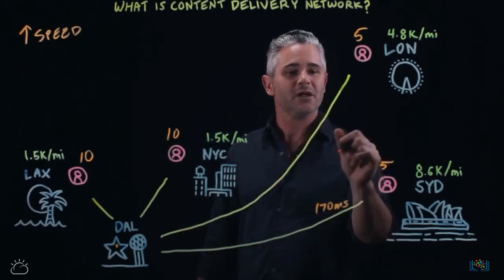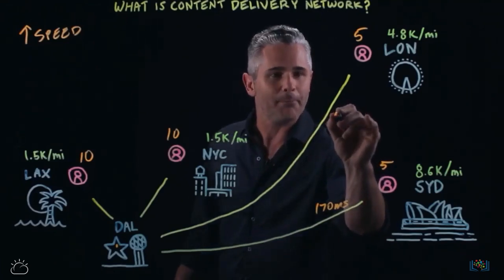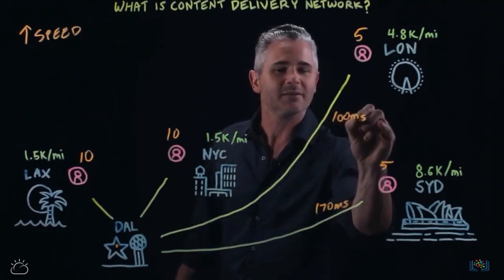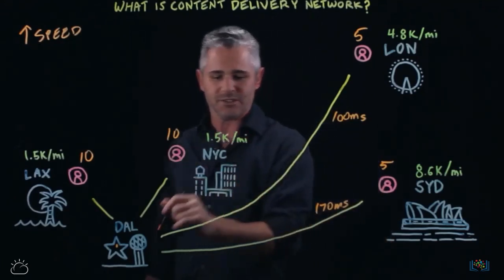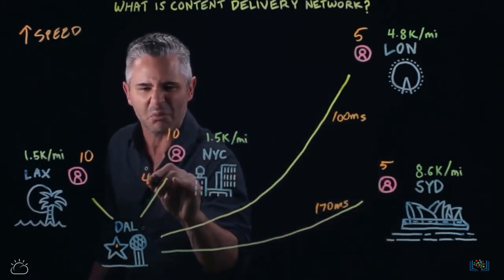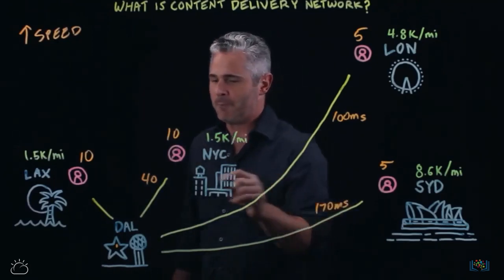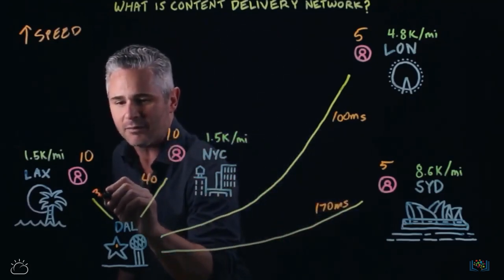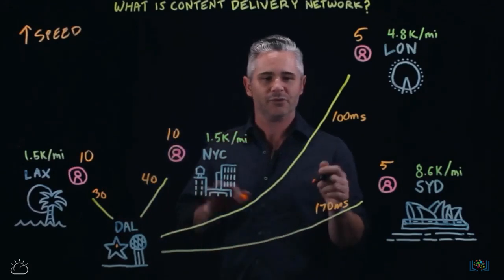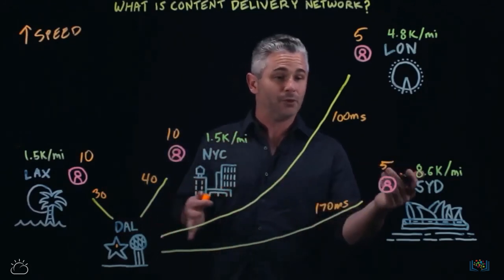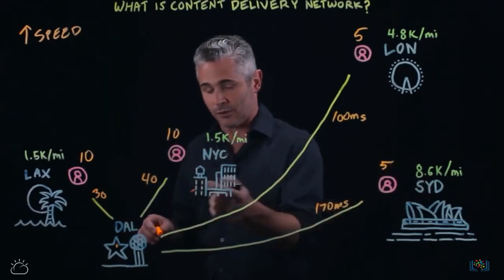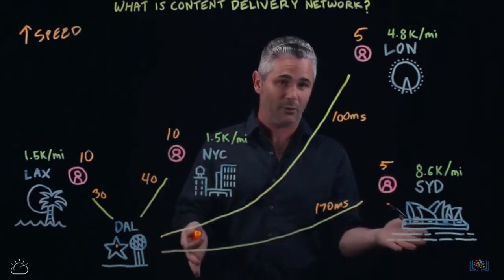For our users up in London, that might be about 100 milliseconds. Our users in New York City can probably experience about a 40 millisecond round trip time, and over in LA, about 30.